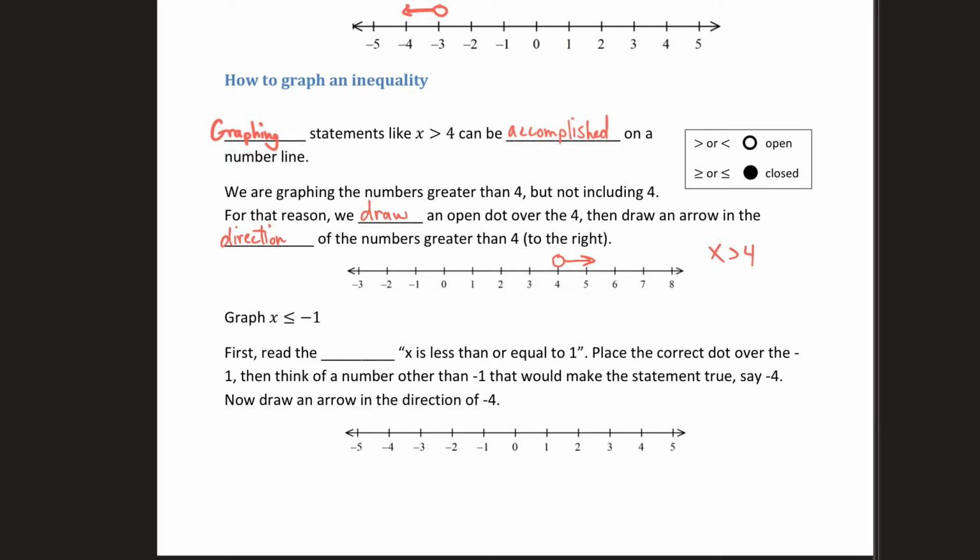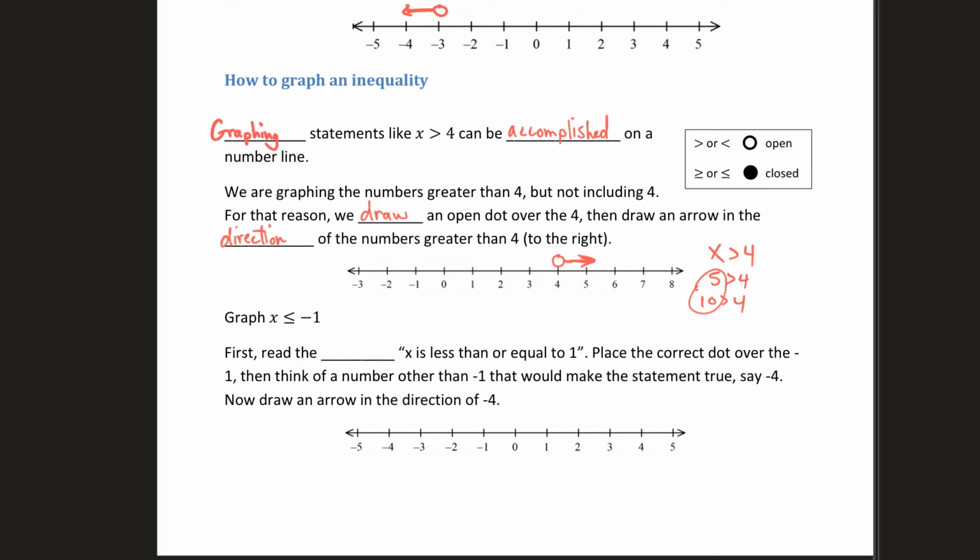Don't use 4 itself, but what number would fit? Like 5 is greater than 4, or 10 is greater than 4. And what direction are these numbers in? They're to the right. So you draw that arrow, and that's a graphical representation of what's going on with the solutions here.